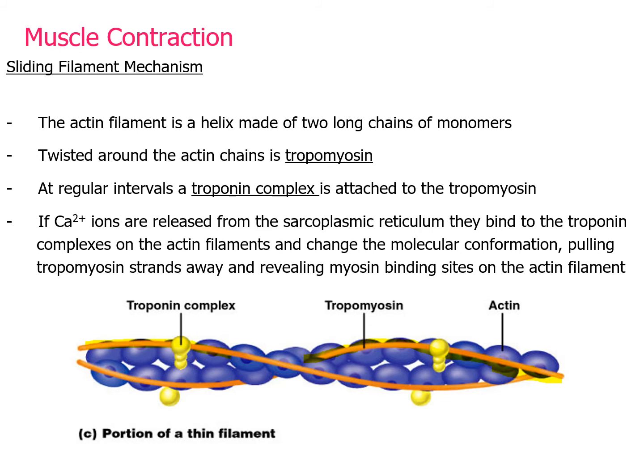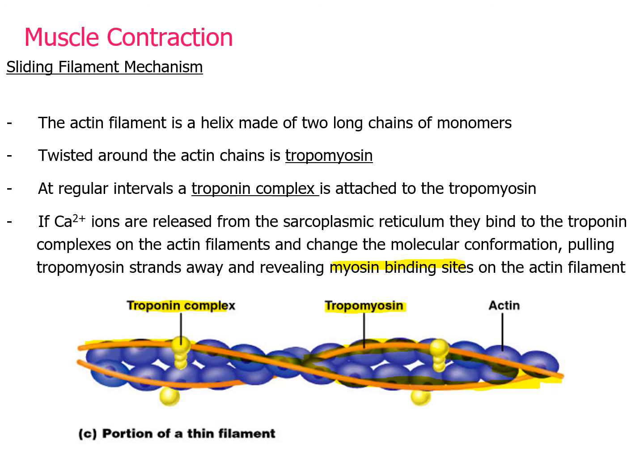All along here, I'm highlighting it in yellow, that's tropomyosin. And at regular intervals, you have a protein structure called the troponin complex. Now, the troponin complex is essentially sequestering or hiding the binding sites for myosin. The myosin binding sites are on the actin filament, but they are covered by tropomyosin, that long strand.